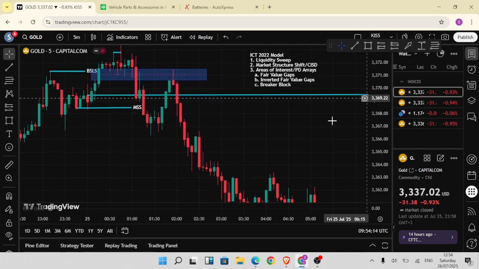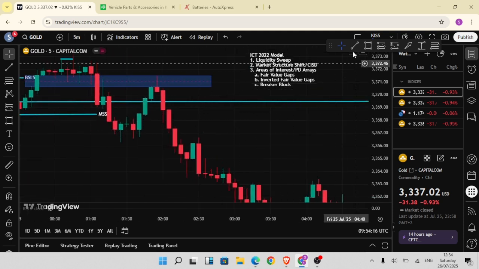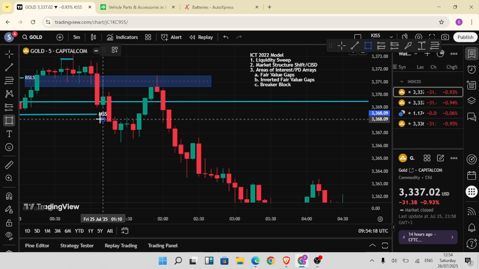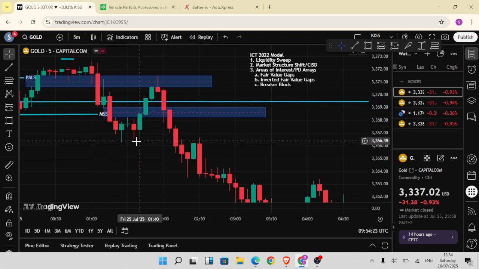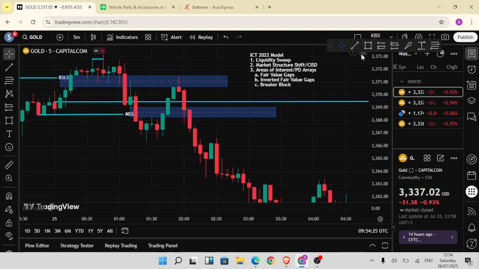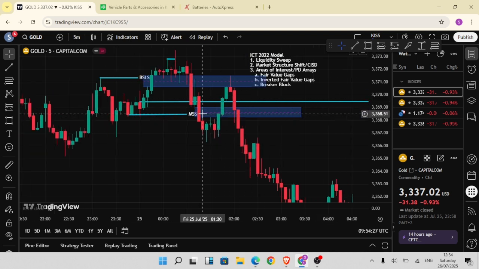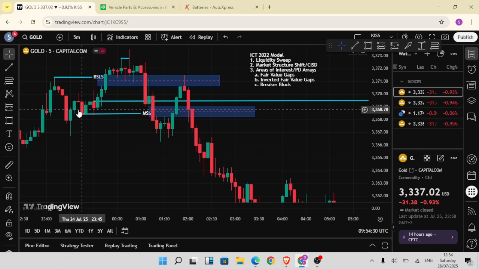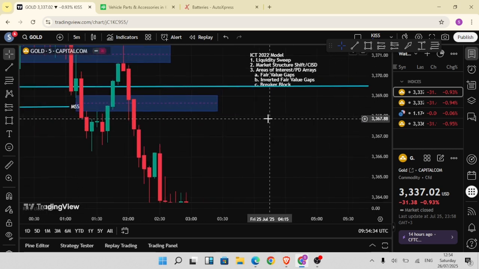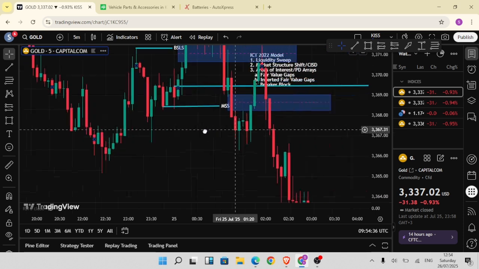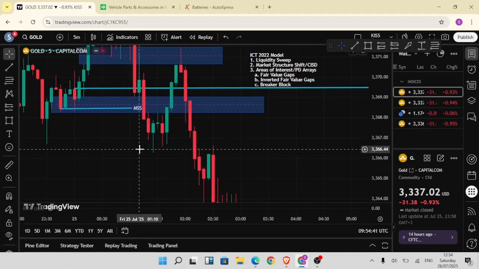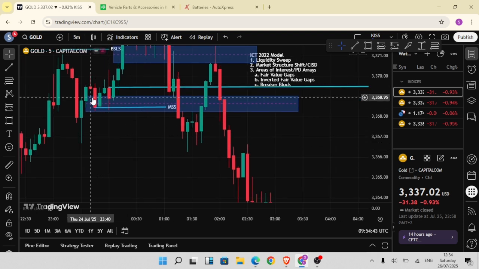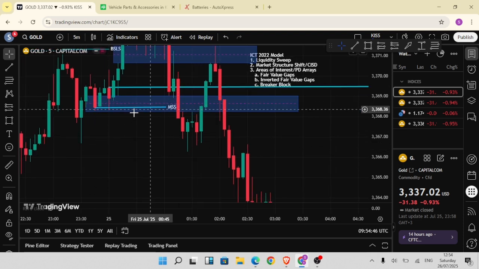Entry based on the fair value gap formed. We had this fair value gap here. Price trends lower. This fair value gap is almost the same entry as the inverted fair value gap, the breaker block I mean. There's a term for it the ICT traders use. When a breaker block is in the same area with a fair value gap, the term is unicorn.